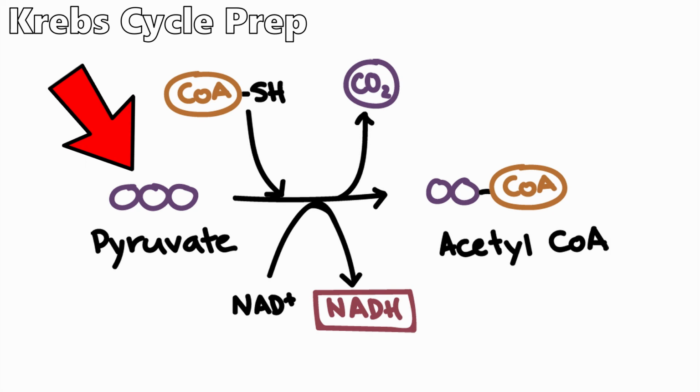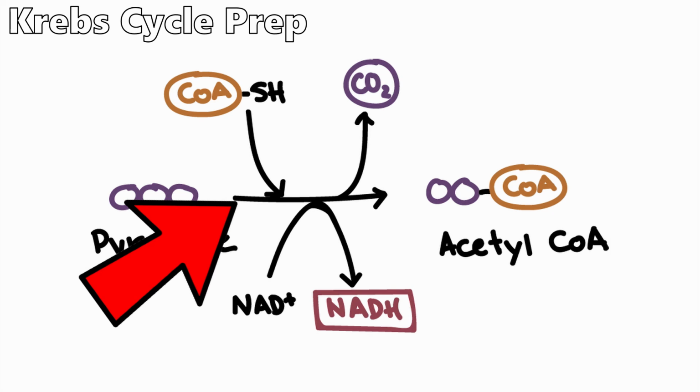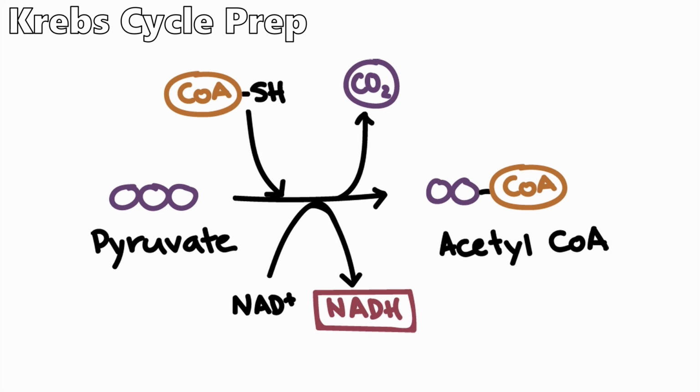The Krebs cycle preparation occurs on the outside and inside of the membrane of the mitochondria, and it is used to form compounds used in the Krebs cycle. A pyruvate molecule passes through the mitochondrial membrane, where it loses an electron that combines NAD with an H to produce NADH.